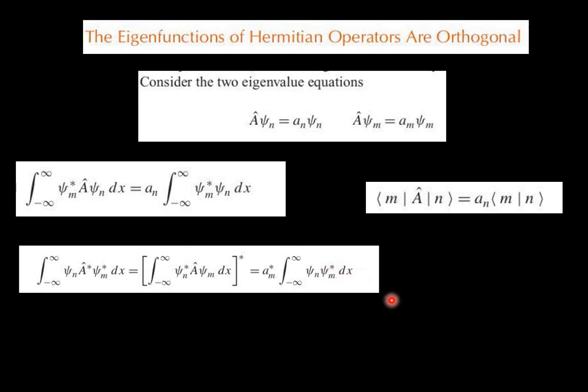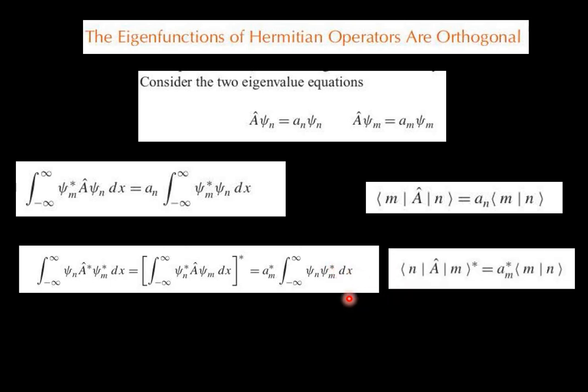Okay. So in bra-ket notation, again we see that this is equal to am star n psi m star, that means m in bra, n in ket, right? And the left hand side comes from here, psi n with star, so n is in bra, and am psi m, so am is in ket, and the whole star is there.